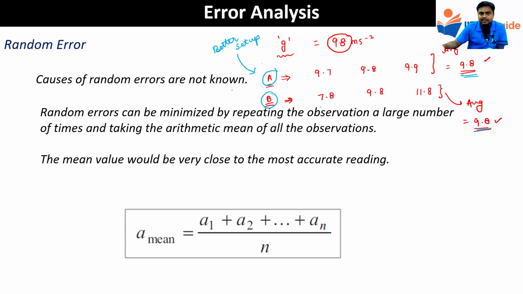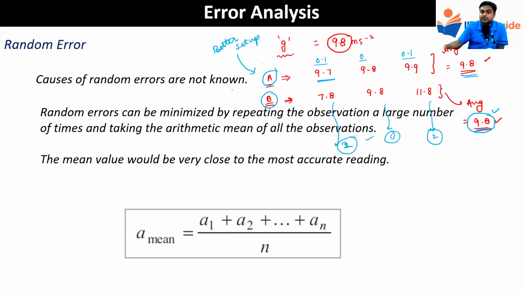Why? The reason is that, from the average, the reading of each observation differs very little for the first one. It is 0.1, 0, and 0.1. But for the second one, it differs by 2, 0, and 2.